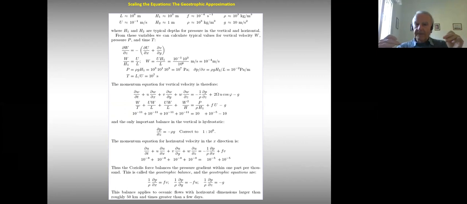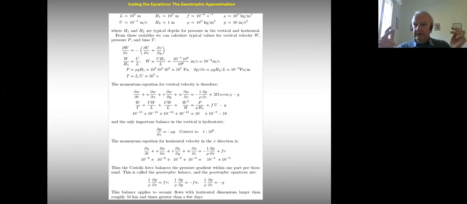In practice, this balance applies to oceanic flow with horizontal dimensions larger than roughly 50 kilometers, so it's even less than that, and times greater than a few days. So wherever we are dealing with processes with a spatial scale larger than about 50 kilometers, which is close to 100 kilometers, and times greater than a few days, I think that, let me see, 1 day is 100,000 seconds, more or less.